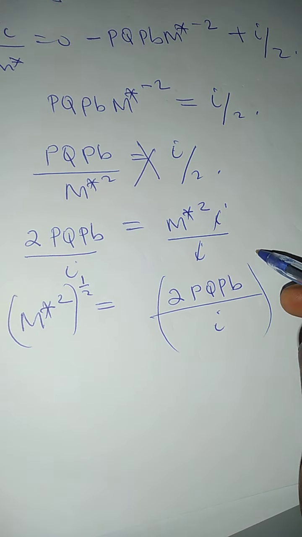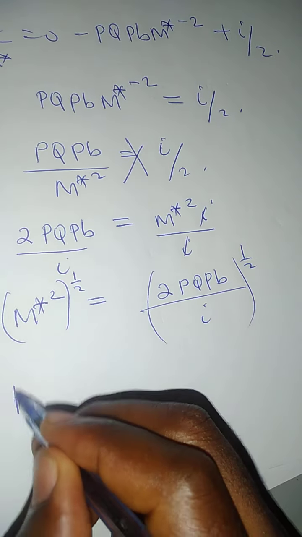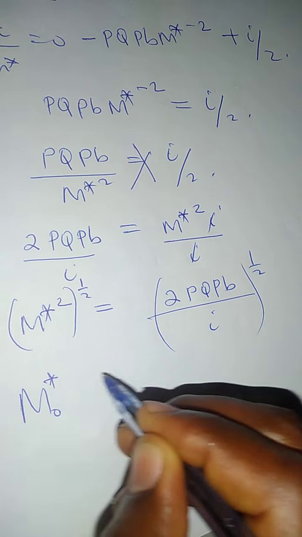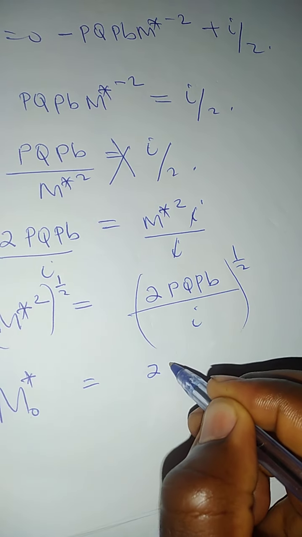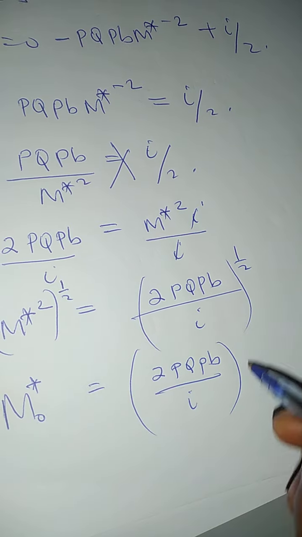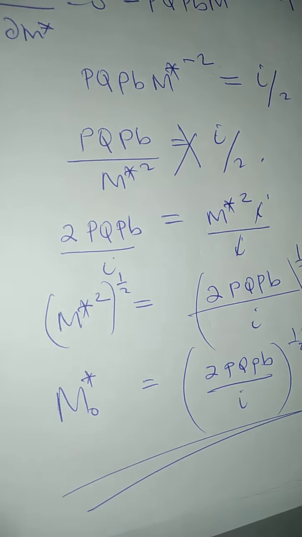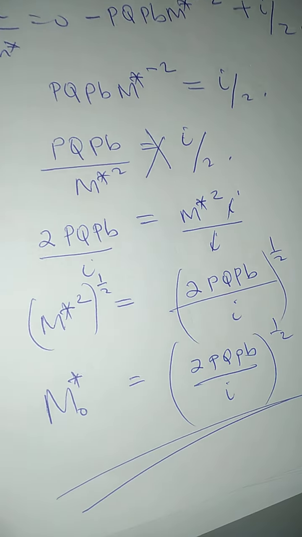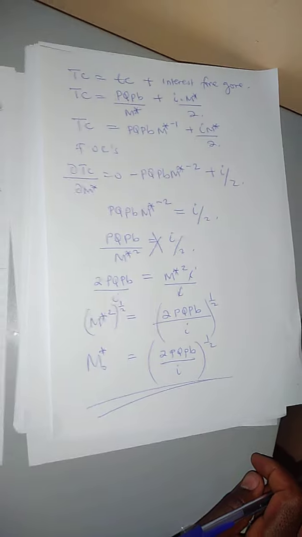What I do on the left hand side, I do on the right hand side. So I get M optimal as the square root of 2 PQ PB over I. So that is the optimum amount of money to withdraw on each visit.